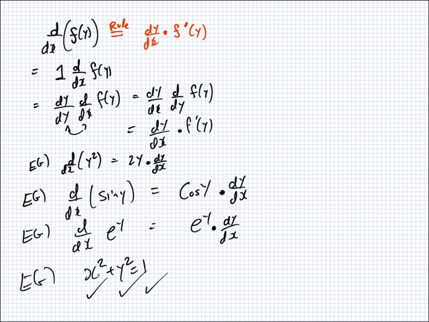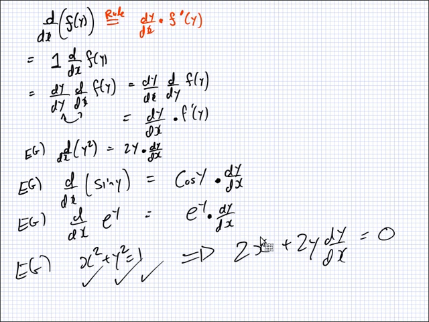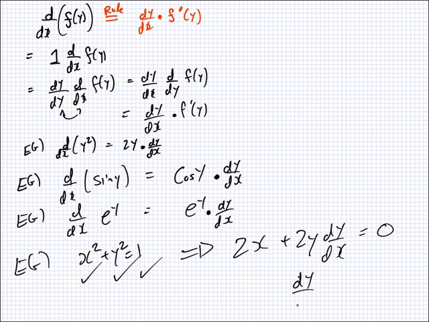So x squared becomes 2x. y squared becomes 2y dy/dx. And 1, what does that become? 0. So you get your answer. dy/dx equals minus x over y.